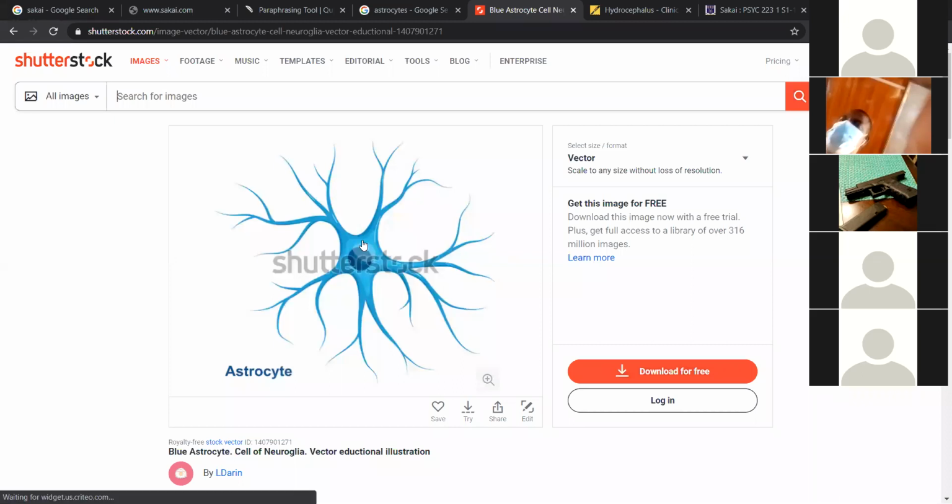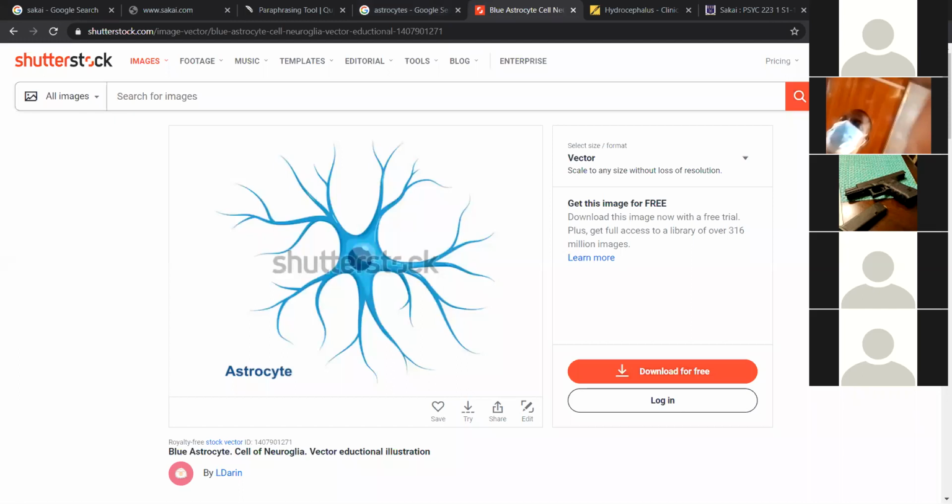It also, to some extent, produces nutrients for the brain cells. Again, it removes debris from the cells of the brain. So these are some of the functions of the astrocyte: it provides structural support, nutrients, and also removes debris.